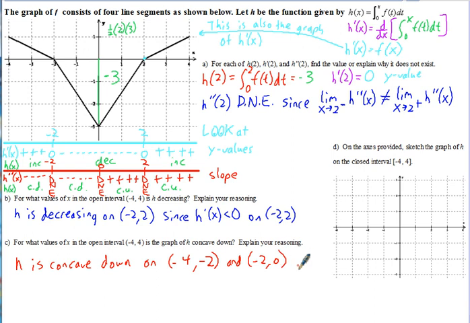And to explain the reasoning, it's since h double prime of x is negative or less than 0 on these intervals, -4 to -2 and -2 to 0.